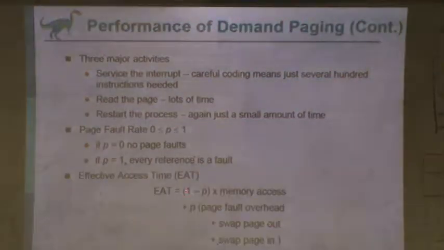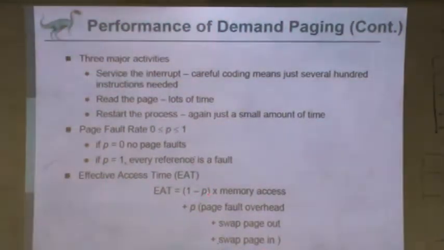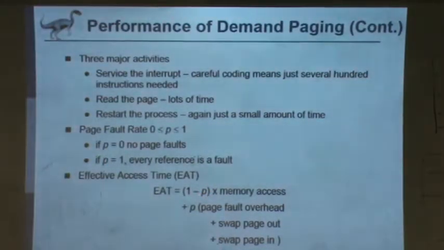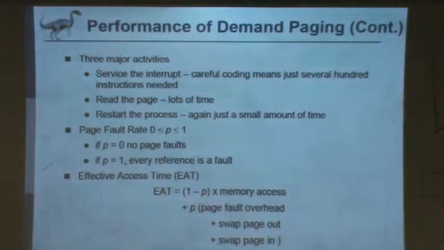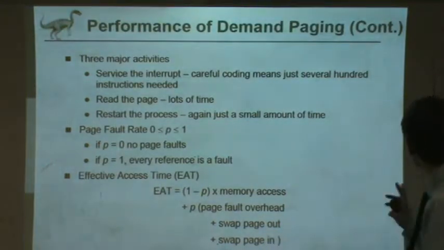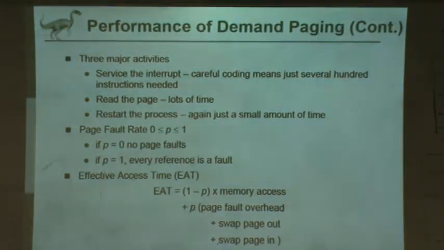Then, in case of no page fault, with page fault rate p, 1 minus p is the memory access time, the overhead. Then in case of a page fault, it's the page fault overhead plus swap in and out. Swap in and out is the page swap overhead between the physical memory and the virtual memory space.